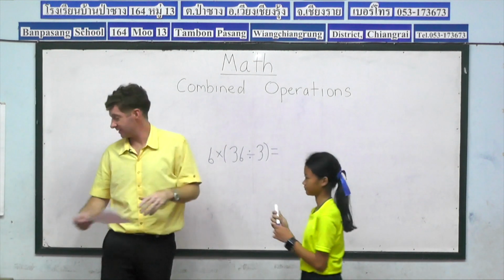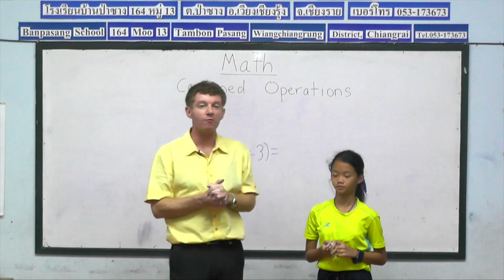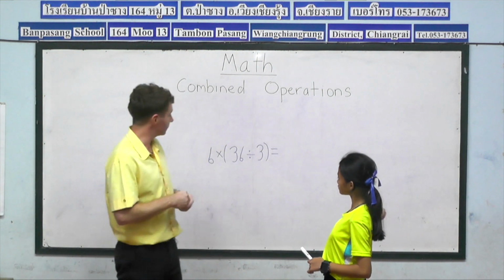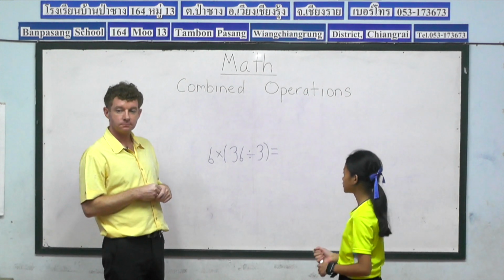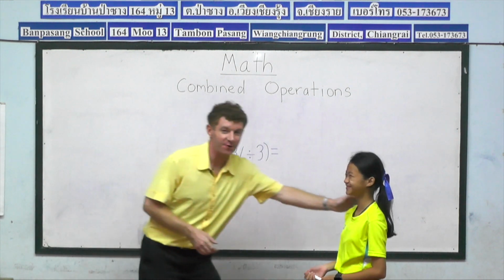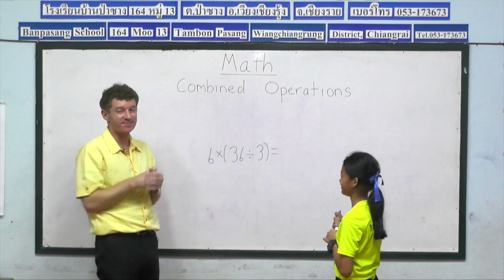Brilliant, that's excellent, Dan. So, Dan has written her combined operation on the board. Now, guys, let's answer it together. Where do we start? Step 1. Dan, this is your combined operation. So we answered Dan's combined operation.